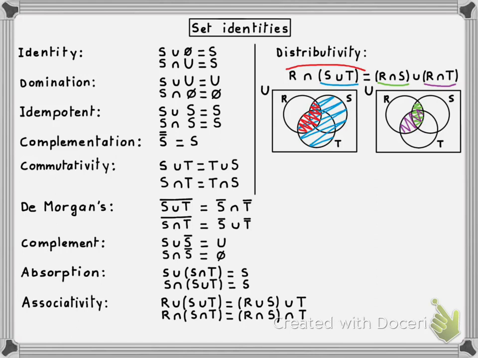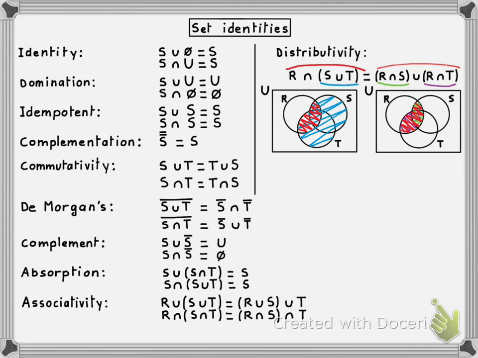And finally, I'm going to take the union of those two sets, the green set and the purple set, so that I can represent the set corresponding to the right-hand side of this equation. And what you notice in this case is that the two sets in the two Venn diagrams are indeed identical. Again, this is just an intuition for how this identity works, not a proof.